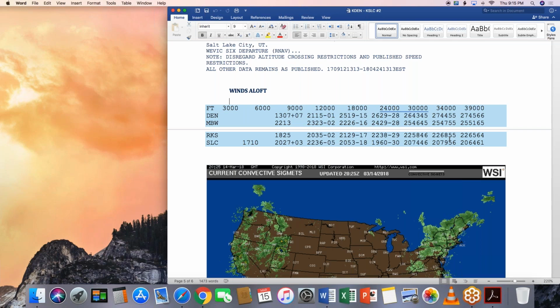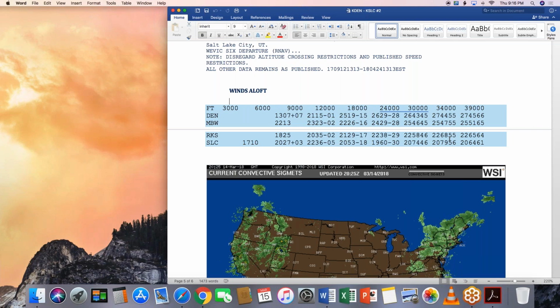Oh wait, no. This is where everybody gets confused. ISA deviation, I was confused about it a long time ago. This is at 38,000 feet, right? ISA deviation is minus 2 degrees Celsius.